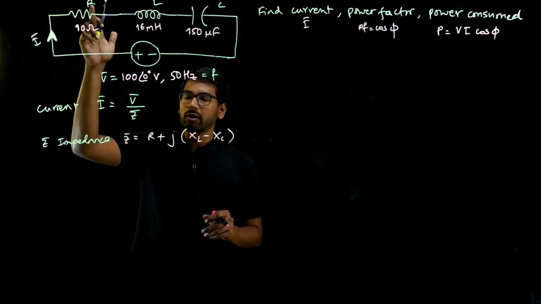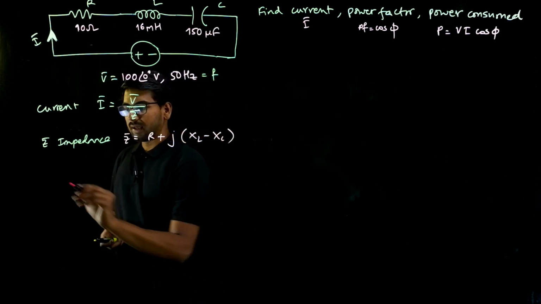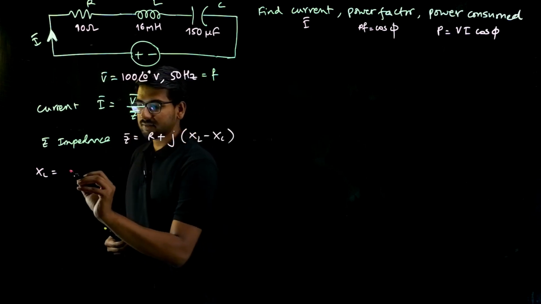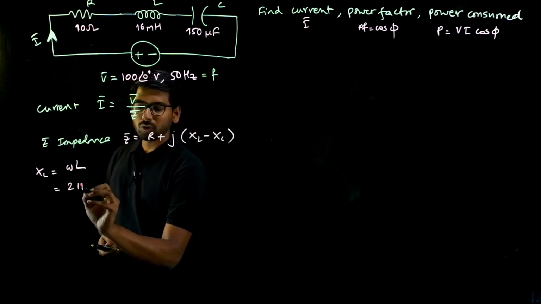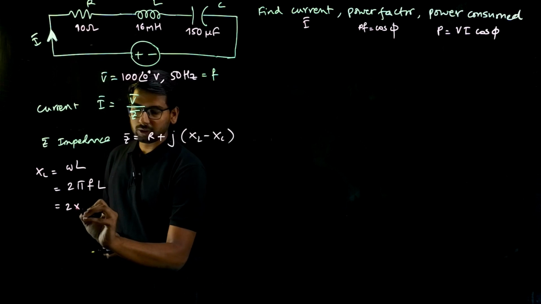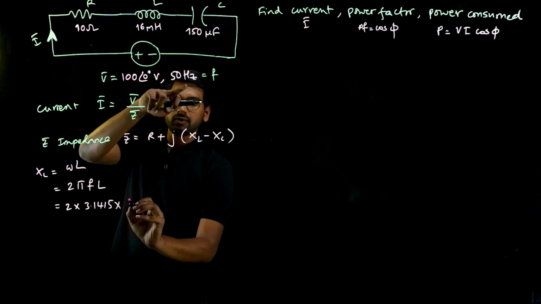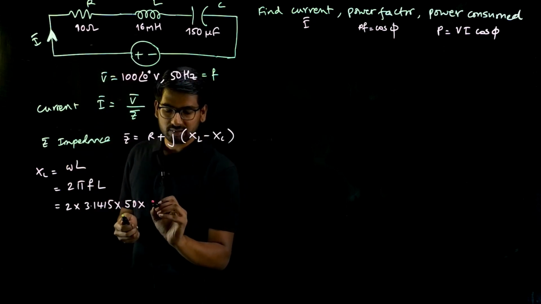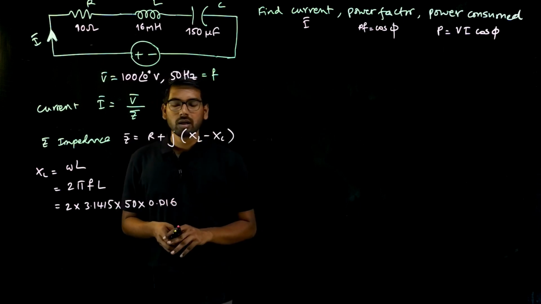We already know R. We need to find XL and XC. Okay, so what are XL and XC? XL is inductive reactance, that is omega L. Omega is 2 pi f, so XL is 2 into pi, 3.1415, into f, 50, into L, 16 milli, which is 0.016 or 16 into 10 power minus 3.